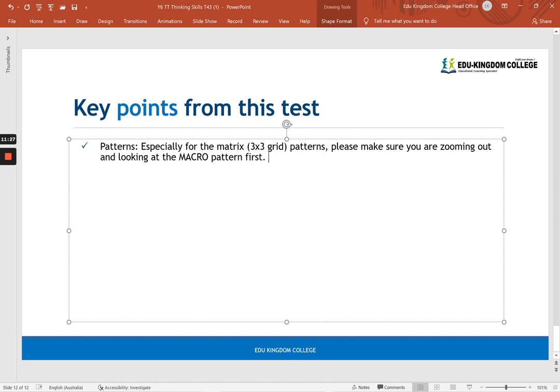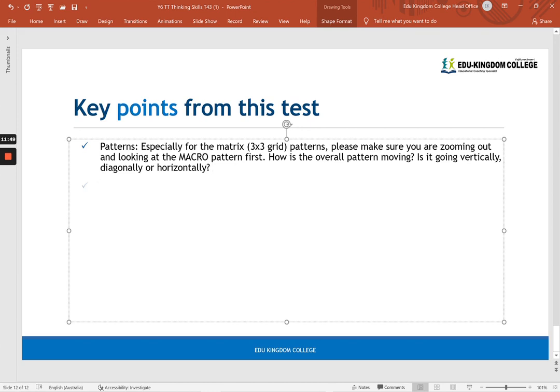What I mean by that, how is the overall pattern moving? Is it going vertically, diagonally, or horizontally? You have to establish this before you go in, or else you're going to get too stuck on the little elements and you'll never be able to solve it.